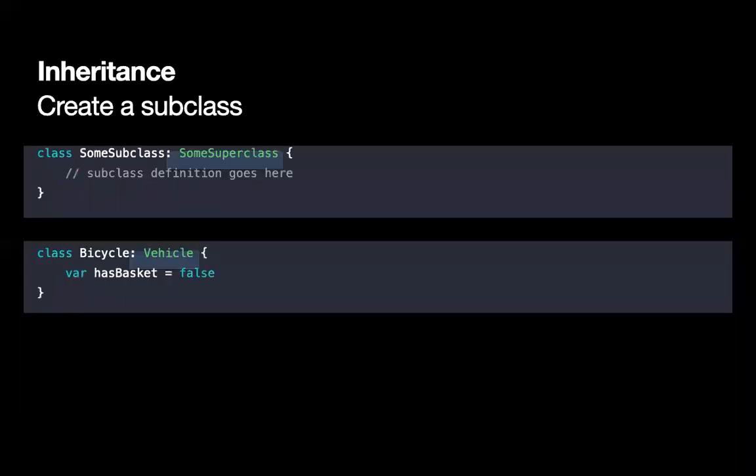Now, if you want to create a subclass of this, the syntax is that you write class, then the subclass name, say SomeSubclass, and then it inherits from the base class, say SomeSuperclass. So here we have created one subclass, Bicycle, which inherits from the Vehicle class.